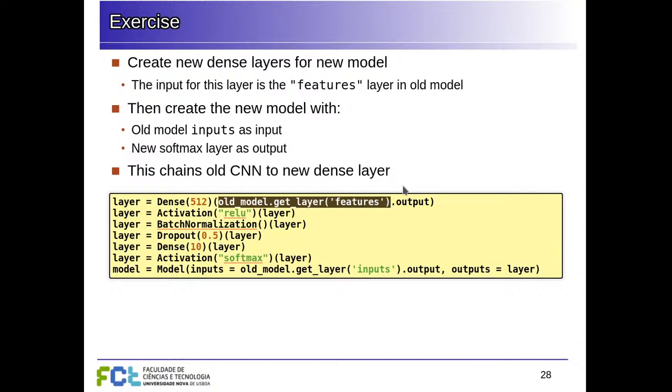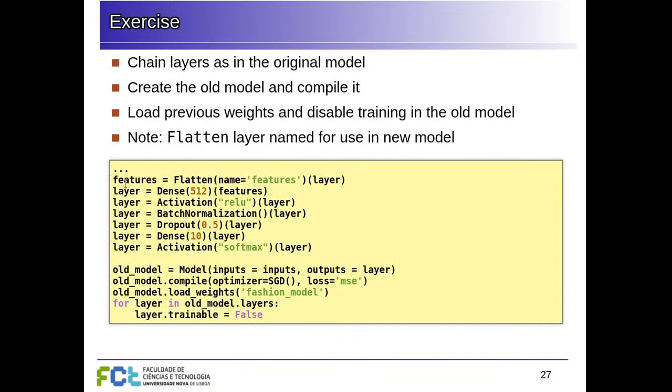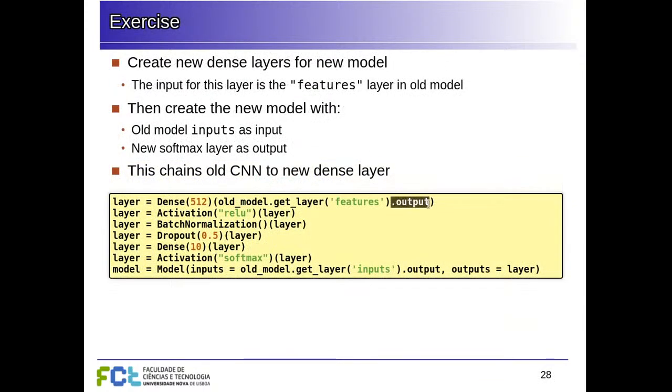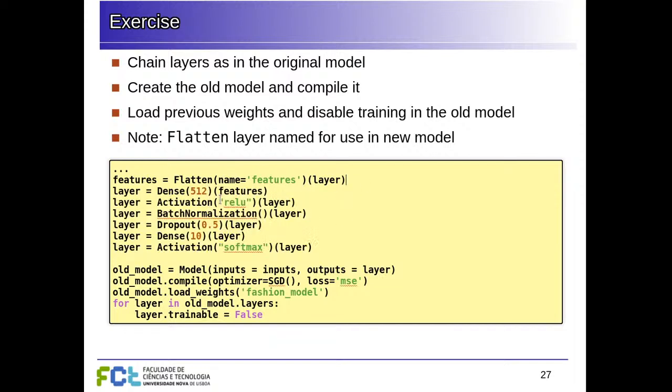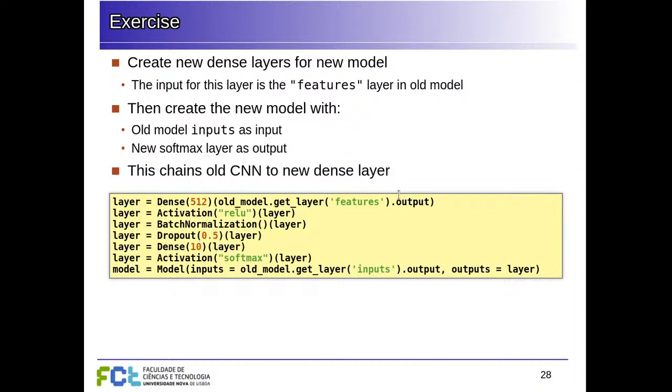We get the layer called features, which is this one here, and we get the tensor that is output from this layer. And this is what we're going to feed into this dense layer that is now different from this one. We created this one by putting as input the output of this function. But now we're going to take the output of that layer into this one here, a new dense layer.